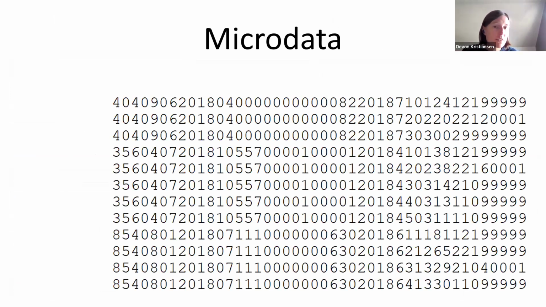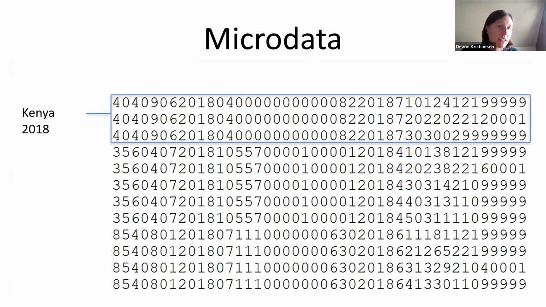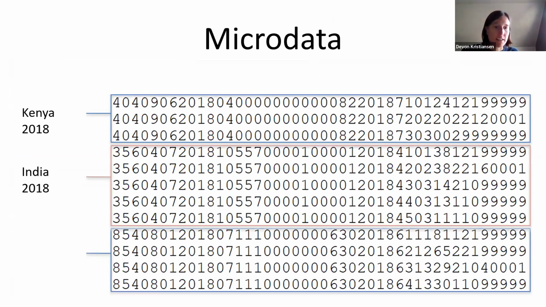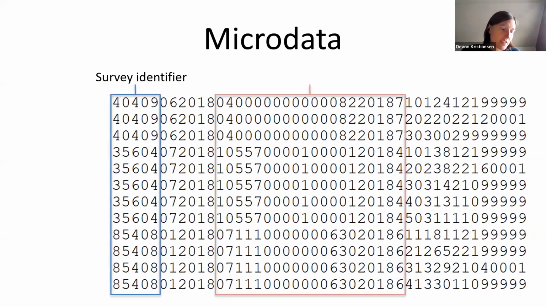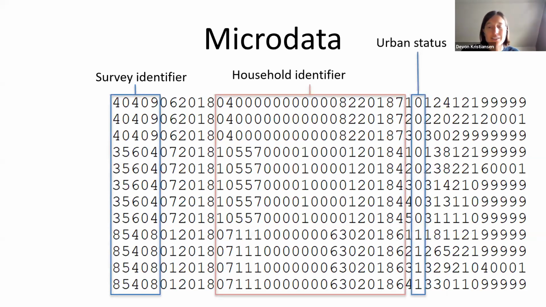So the result of the integration process is that you can download one data set with women from each of these countries and years all in the same file, where the rows represent individuals and the columns represent different variables. So this might be a survey identifier, household identifiers, and also household level and individual level information like urban status or age.